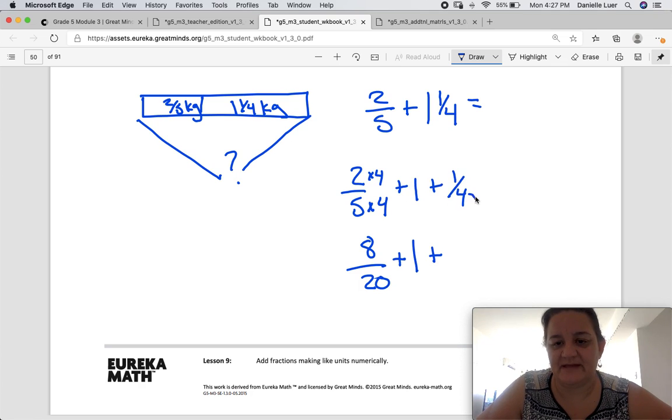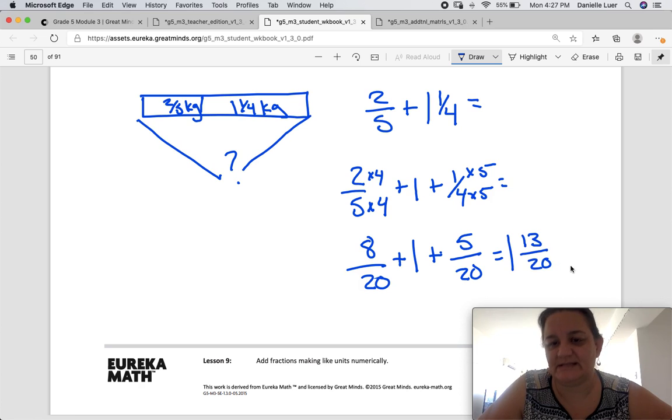And I'm going to multiply that times 5 and get 5/20. And my answer will be 1, there's the 1, and 5, 6, 7, 8 is 13/20 of a kilogram. That's how much she started with.